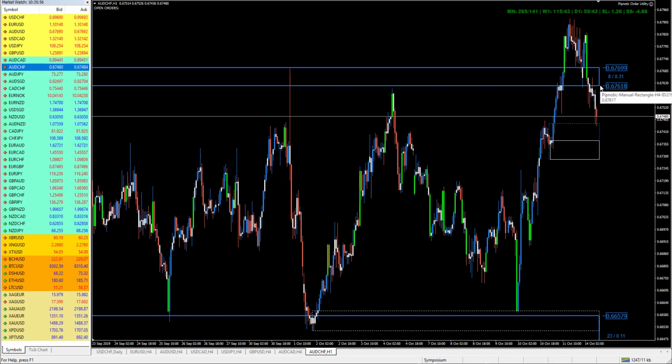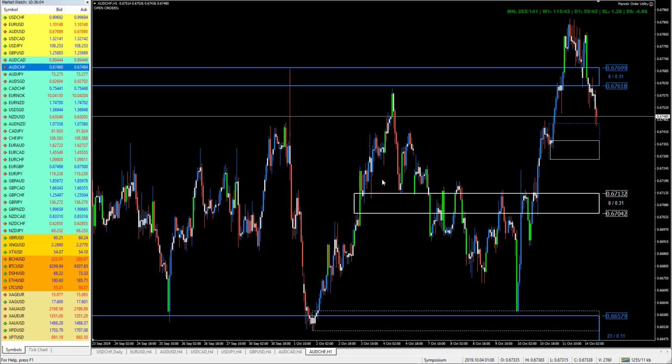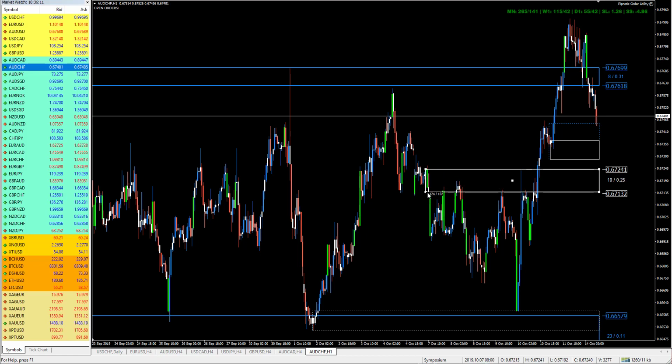So now we want to find these small ones that are equally interesting. So we had this here. Tested, tested, tested. The price cut away. And this is where the origin of the move is. Tested once, twice, 3 times. Oh, almost went through it. And then now we went up.